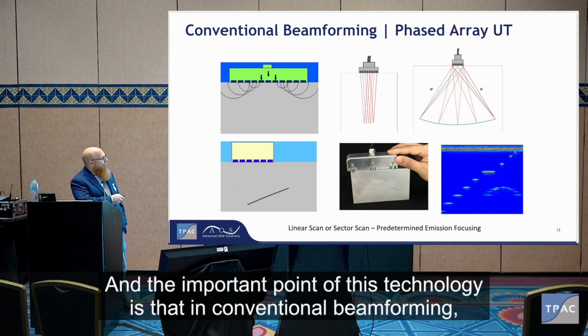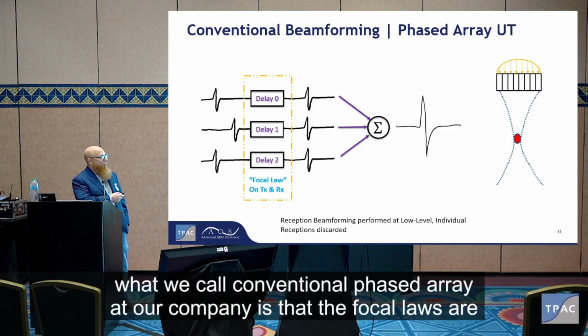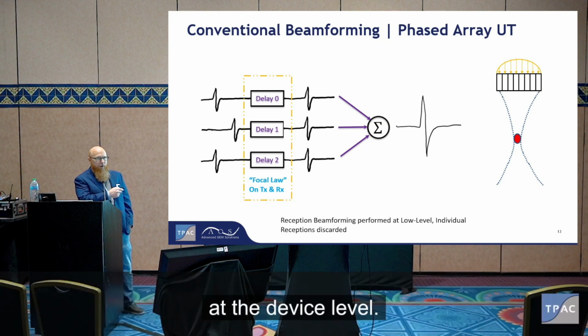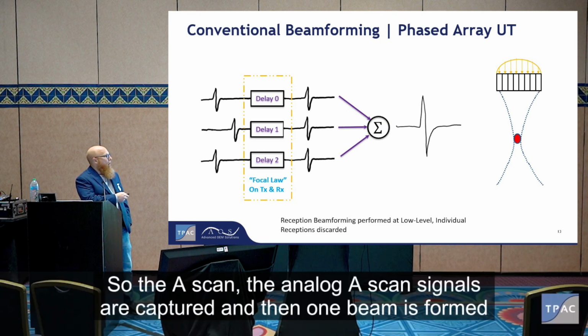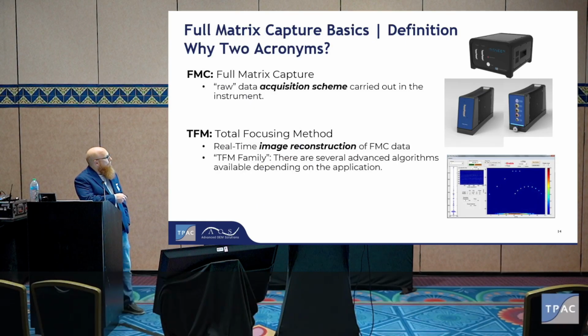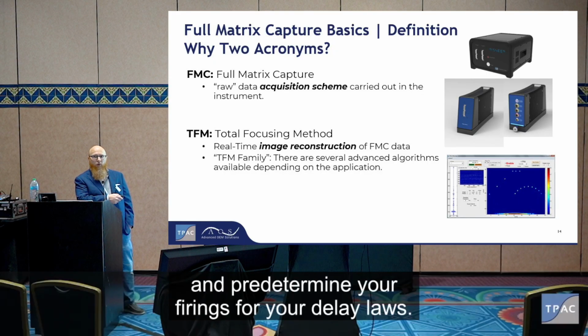The important point of this technology is that in conventional beamforming, what we call conventional phased array at our company, the focal laws are calculated on the device and the reception beamforming is calculated at the device level. So the analog A-scan signals are captured, and then one beam is formed from a subset of A-scans and transmitted from the device to PC, to software, whatever you want to do with it. This means essentially that you have to predetermine your focal point and predetermine your firings for your delay laws.